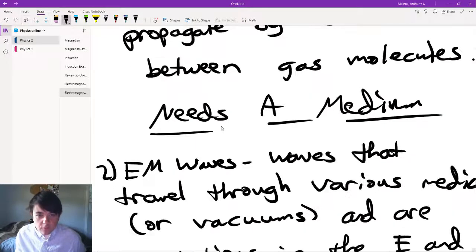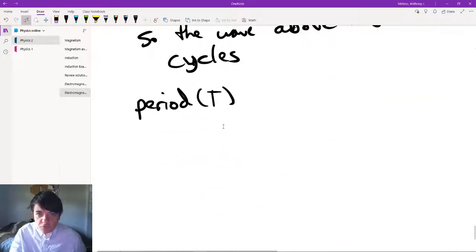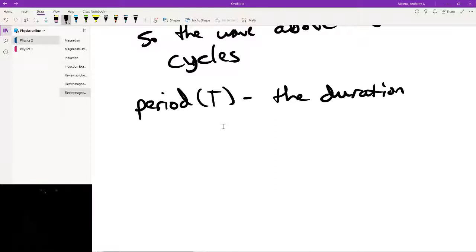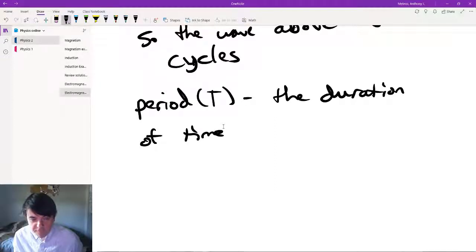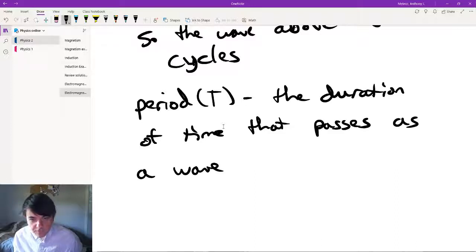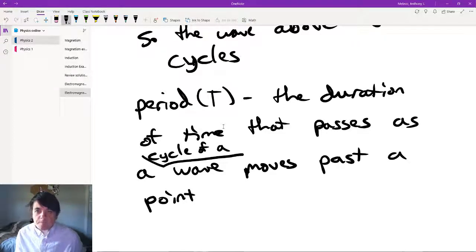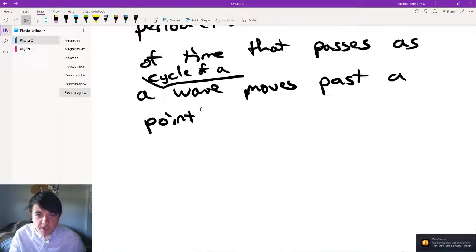And so this is the duration of time that passes as a cycle of a wave moves past a point.